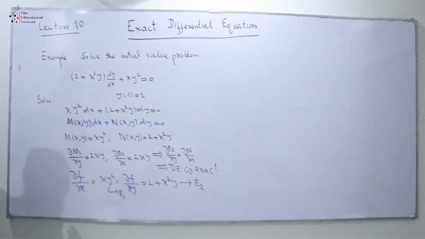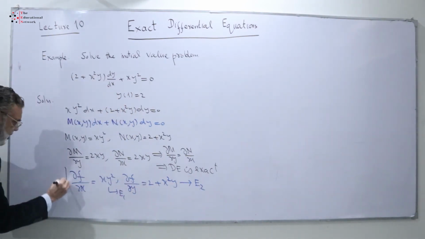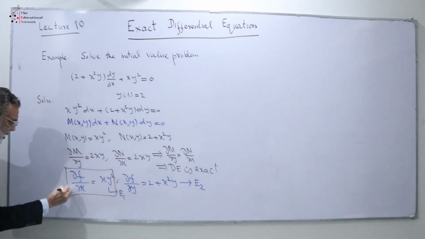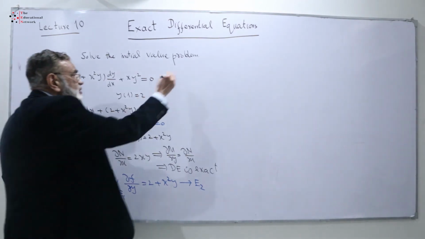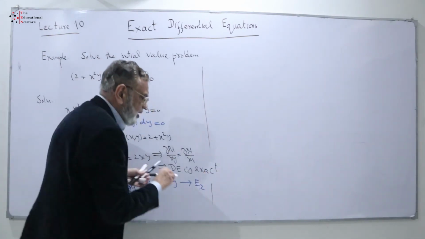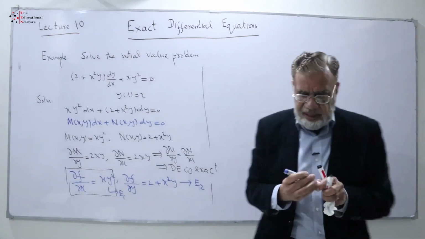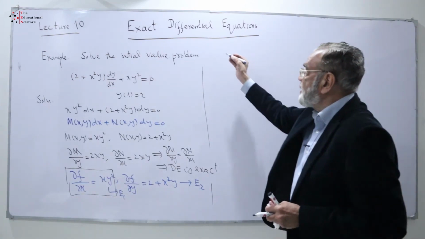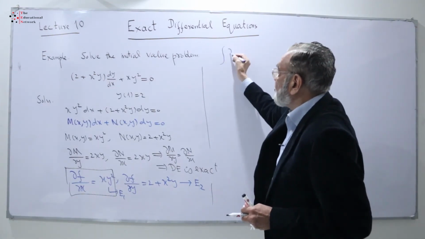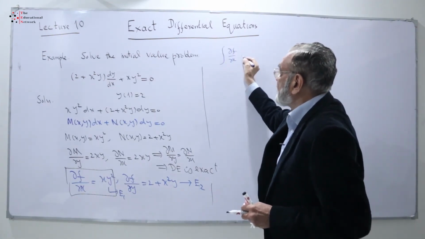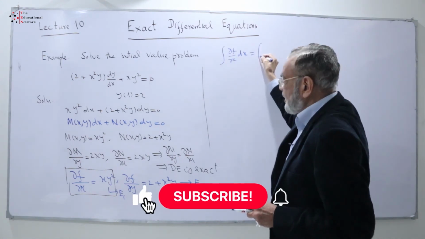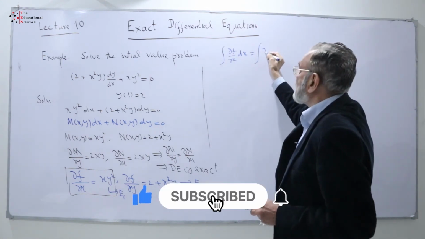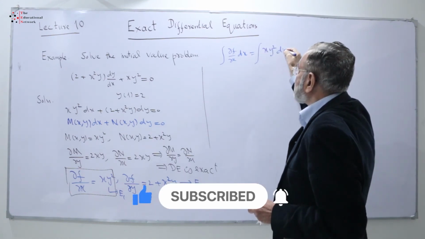So as before, we always take this as the starting value. Start from here, and we just integrate it with respect to x. I get the integral of partial f by partial x dx is equal to the integral of xy square dx.